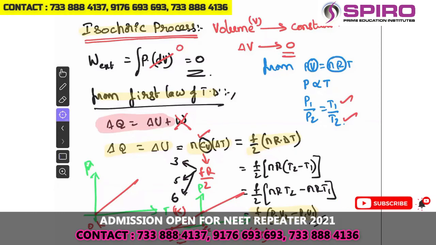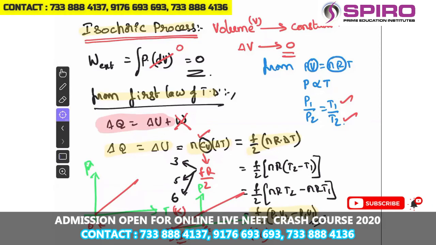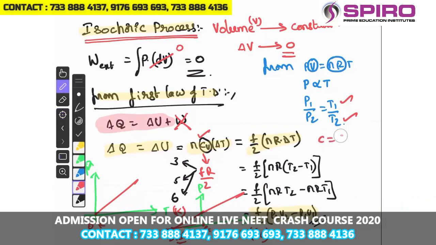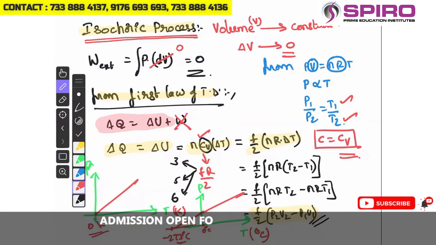The specific heat of the process is also very important here. The specific heat is Cv. This is the isochoric process.